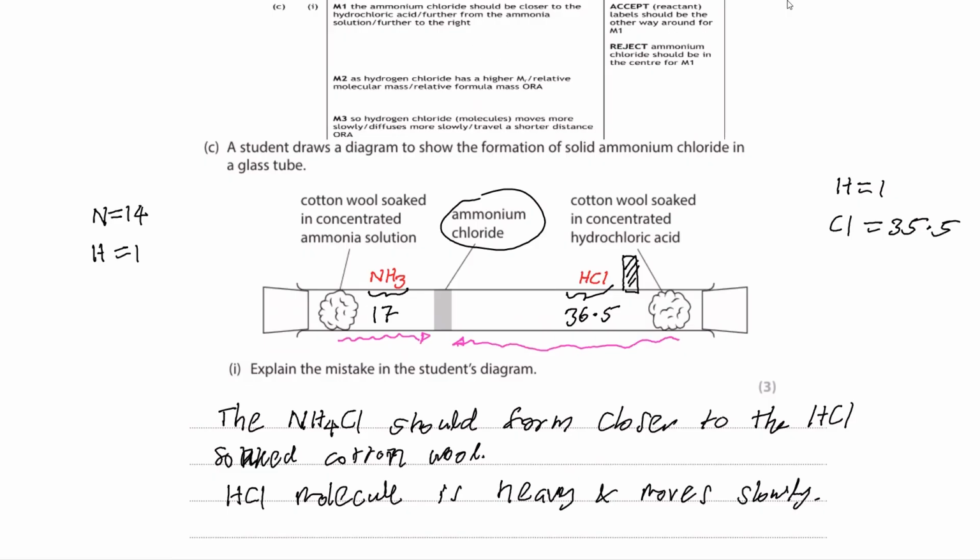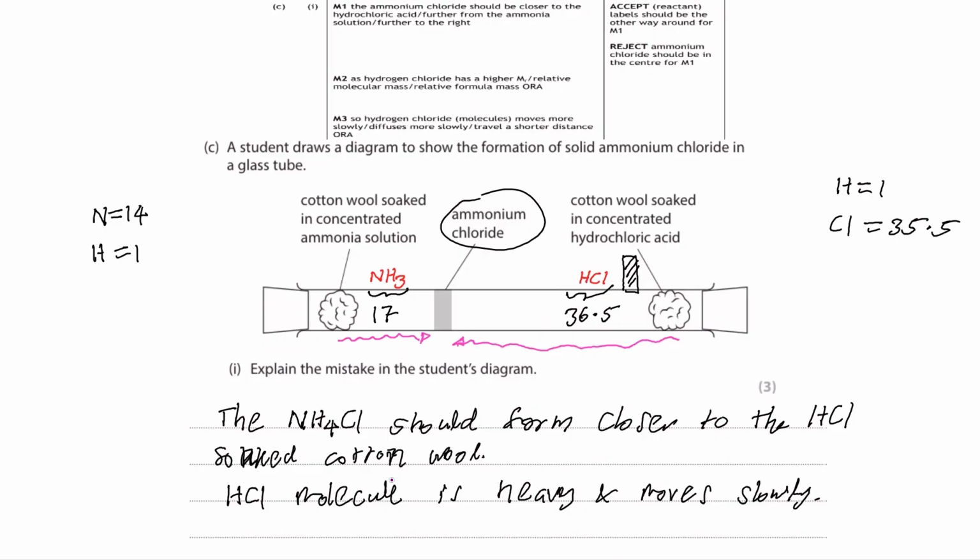Heavy molecule, higher relative formula mass, so higher Mr. Yes, I think it's better if we write it. I made a mistake: rather than saying heavy, it's better if you do this calculation and show it in your answer. So you can add that part because I think that's the best part.